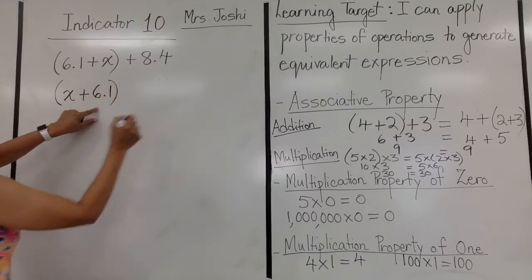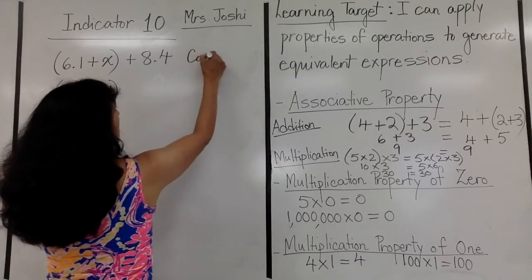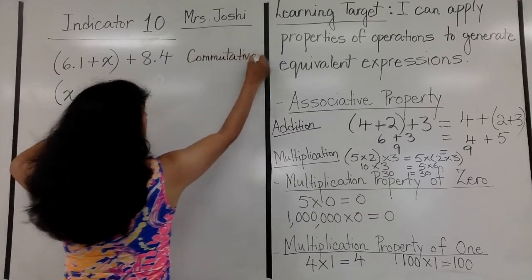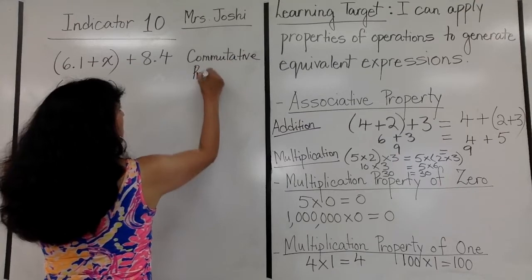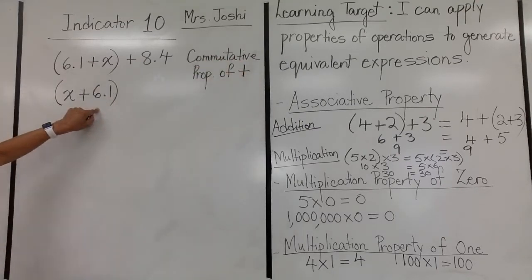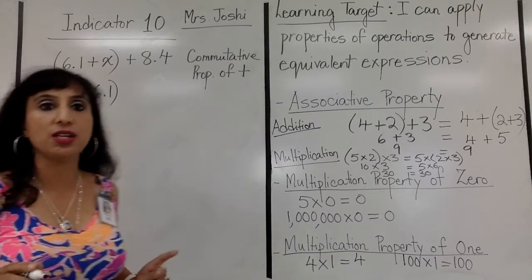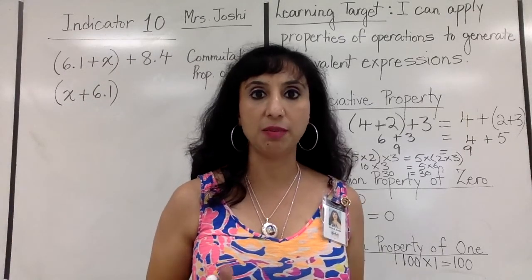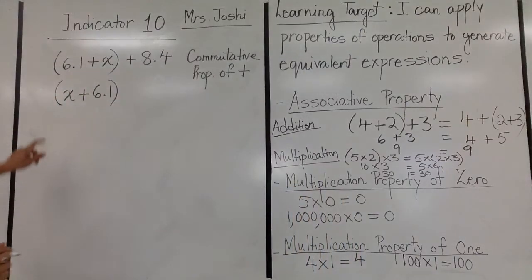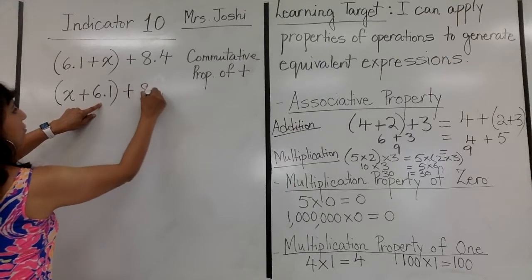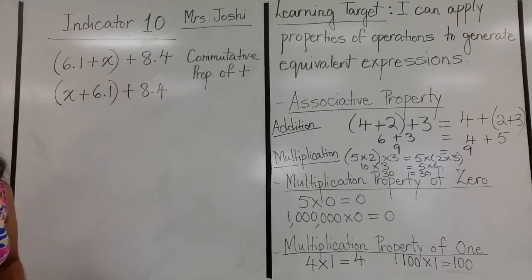That's the commutative property. Please remember it's commutative. Very often children write it incorrectly. It's commutative property. So x plus 6 and 1/10 plus 8 and 4/10.